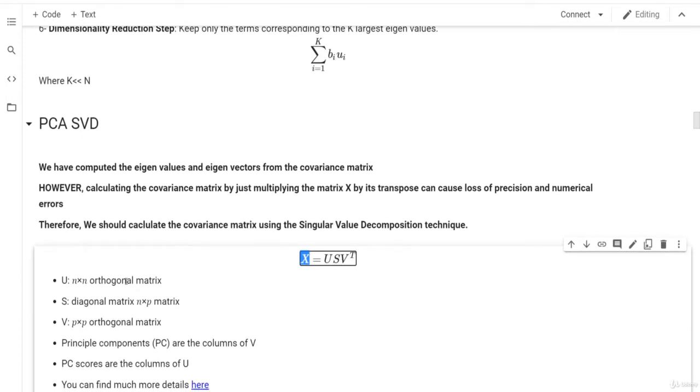U is an n by n orthogonal matrix, while S is a diagonal n by p matrix, and V is a p by p orthogonal matrix. The principal components are the columns of V, and the principal component scores are the columns of U.